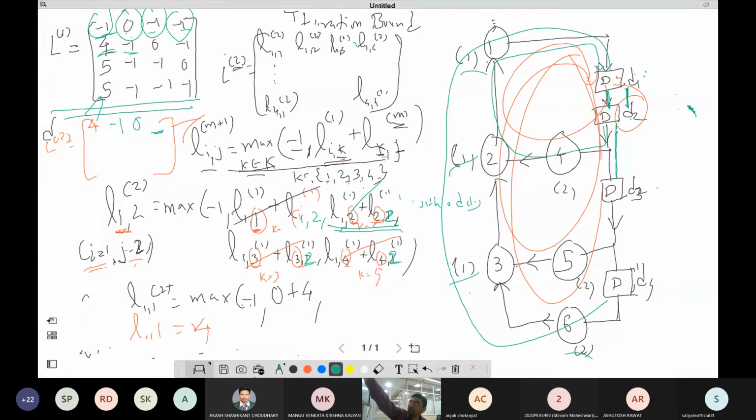So here you need to put I equal to 1, J is equal to 4 and then solve this. So ultimately 4 will be over here.